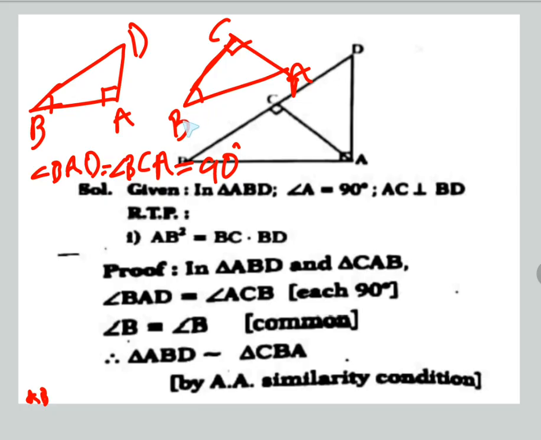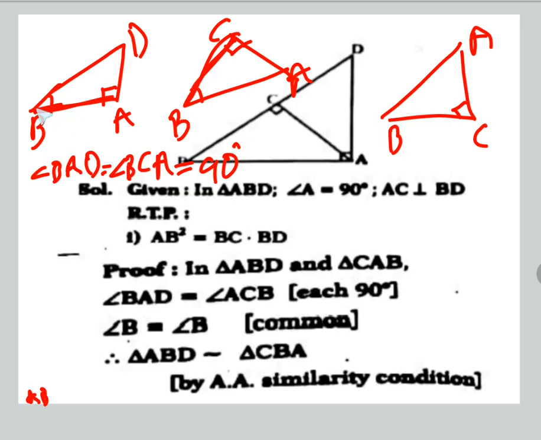So similar triangles, then the ratio of the corresponding sides are equal. If you turn this, you will get it like this. This is B, this is A, this is C. Angle at C is 90 degrees.